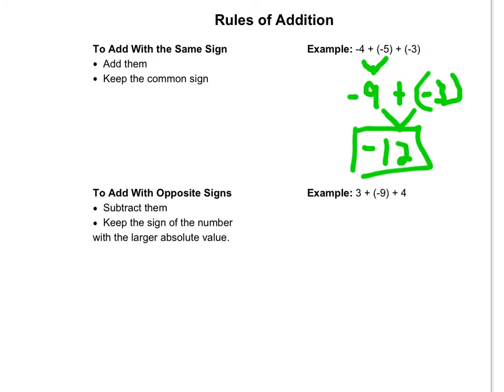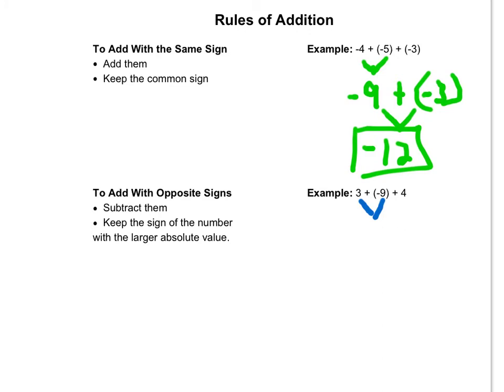If I want to add numbers with opposite signs, coming down here now, adding numbers with opposite signs, I subtract those numbers and then I keep the sign of the number with a larger absolute value. So let's talk about what that means here in terms of this example. 3 plus -9 comes first. Those are different signs, so I find the difference.